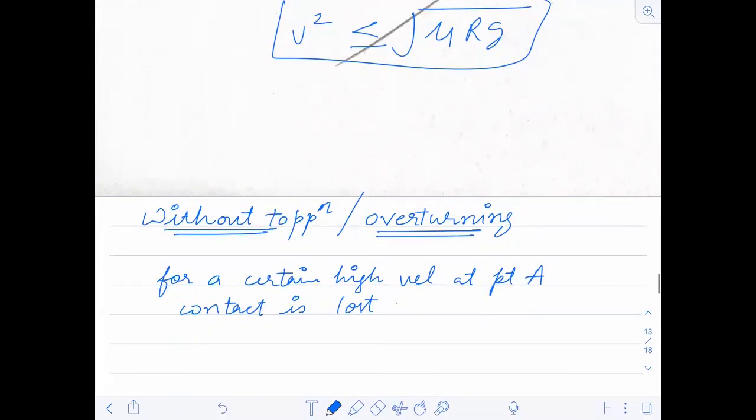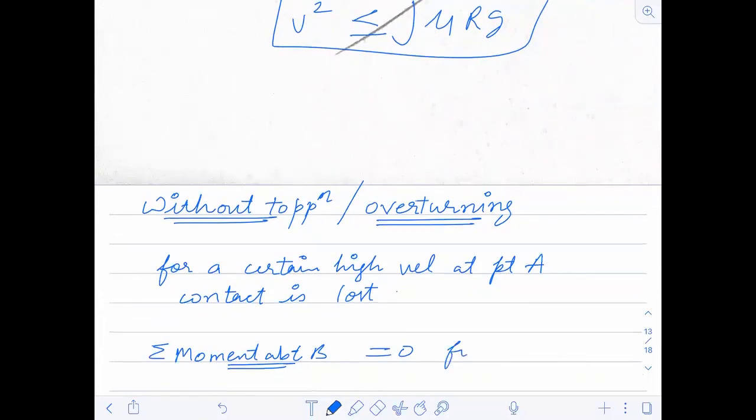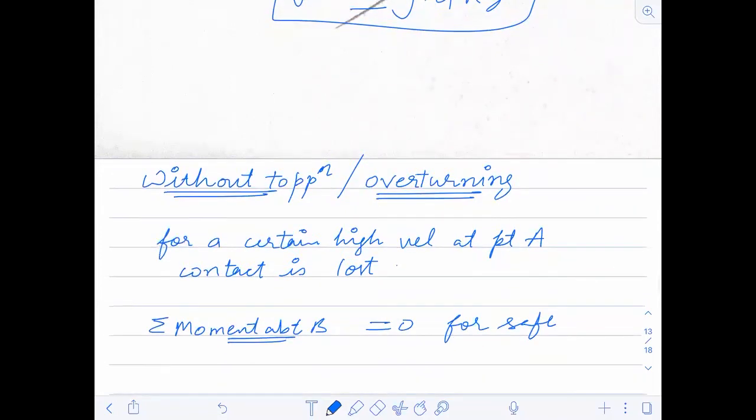Okay, so moment about B. Total moment about B should be 0 for safe turning.